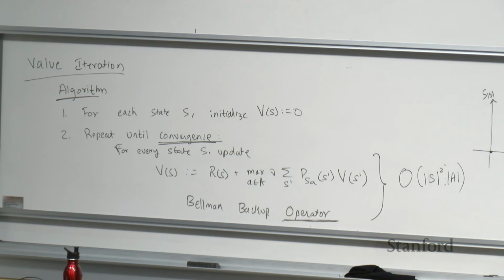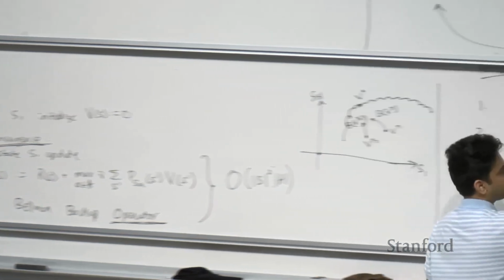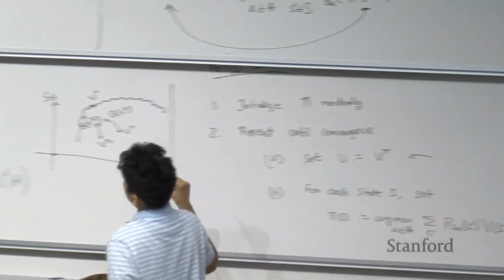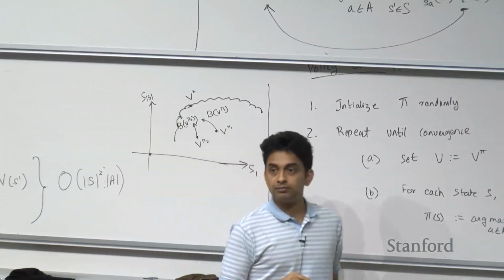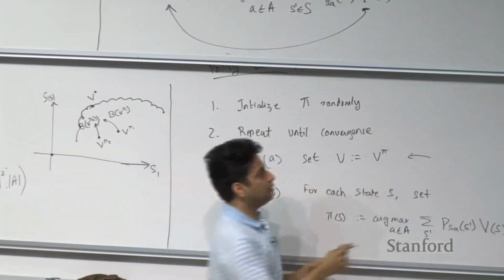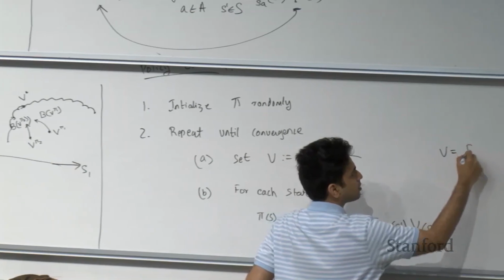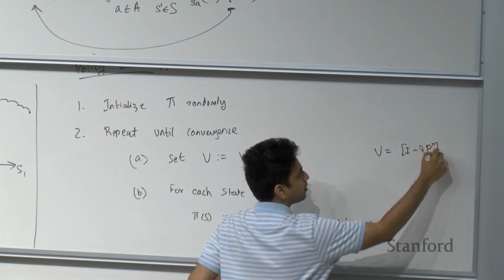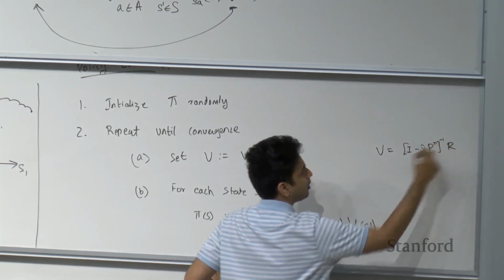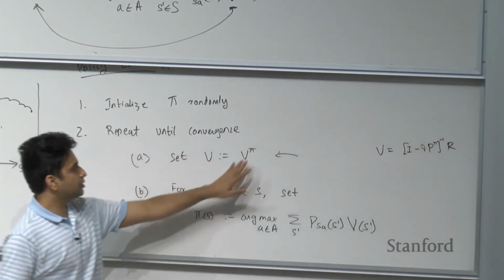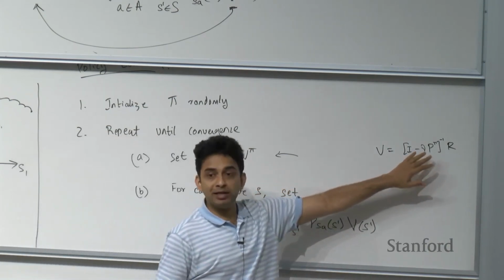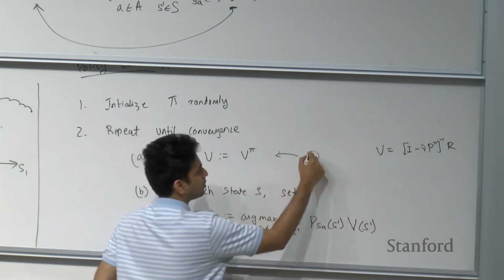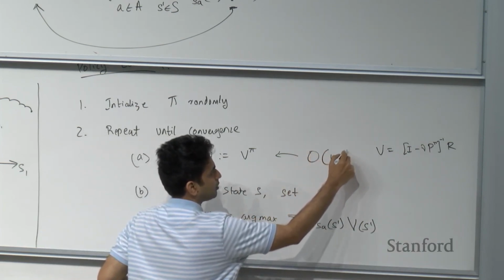Whereas over here, this step involves inverting an S by S matrix. You remember there was an inverse, where V equals identity minus gamma P, inverse, times R. So this involves inverting an S by S matrix, and so this is approximately order S cubed.